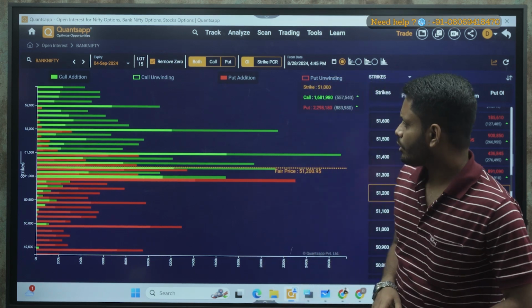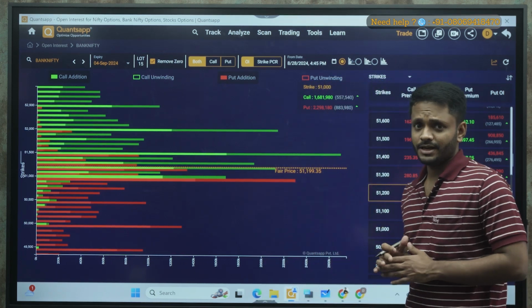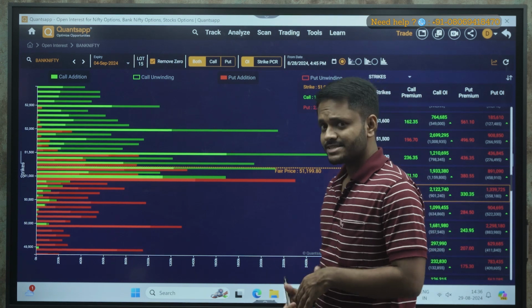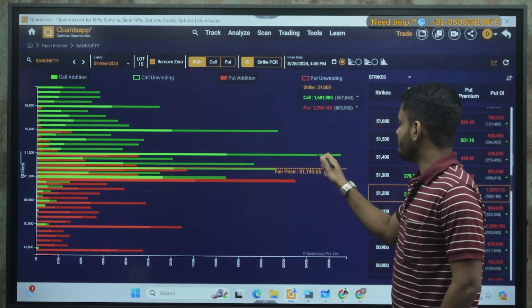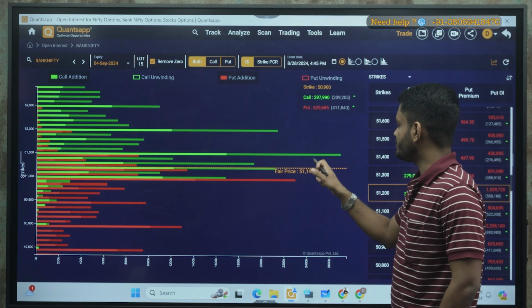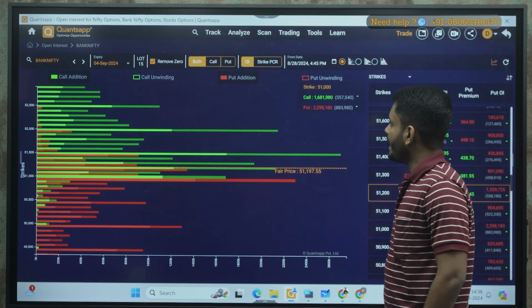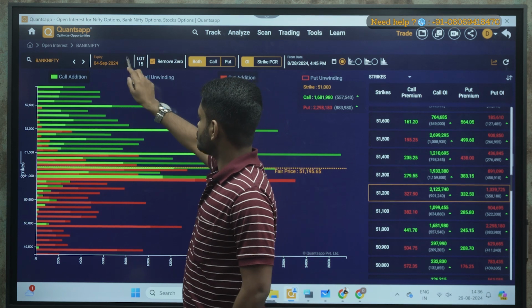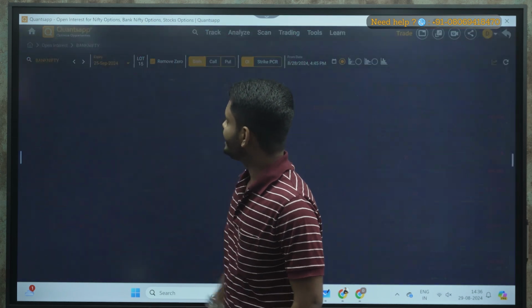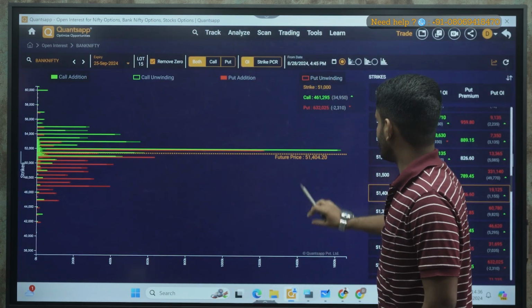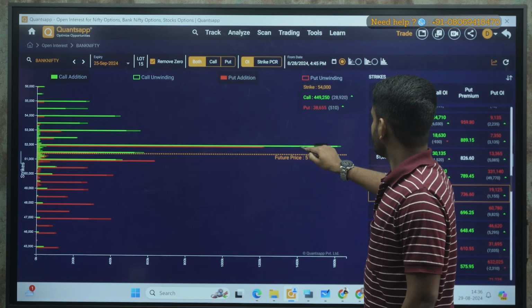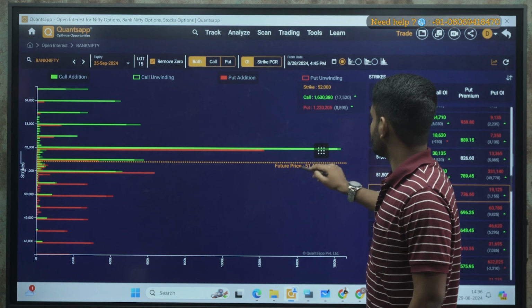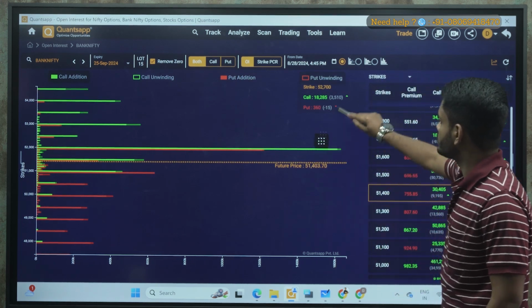As per the cycles, Bank Nifty was bearish, and when I come here and check for levels, these are the levels that I can see, 51,500 and 51,000. Let us check what the monthly expiry looks like. In the monthly expiry also, the strong resistance for Bank Nifty is at 52,000.